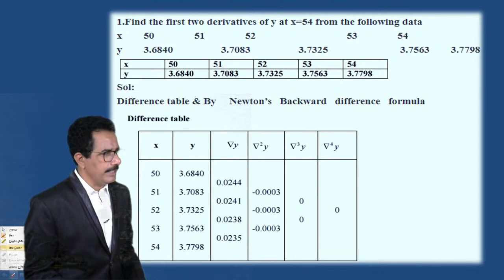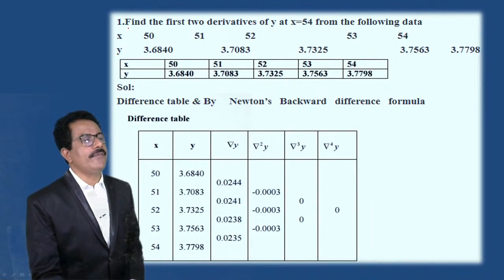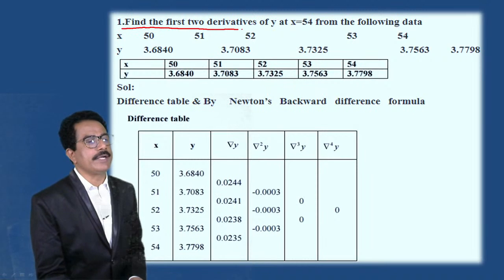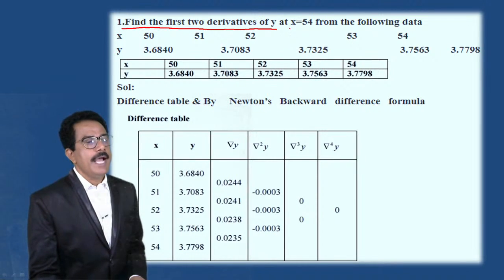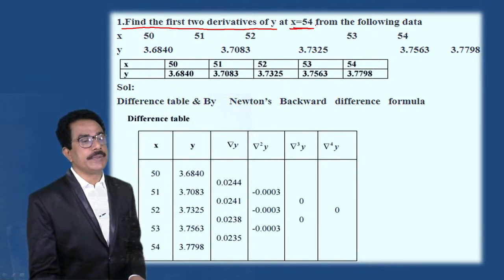What is the problem here? We have been given a data table. Find the first two derivatives of y at x is equal to 52.